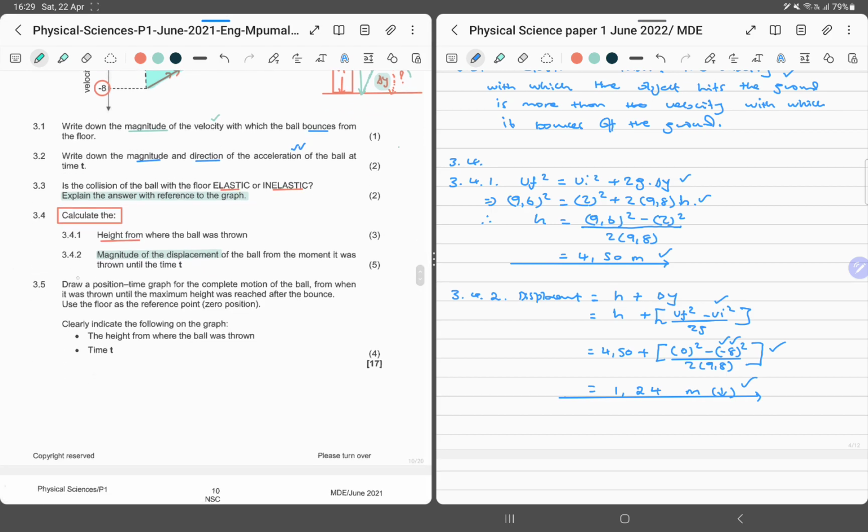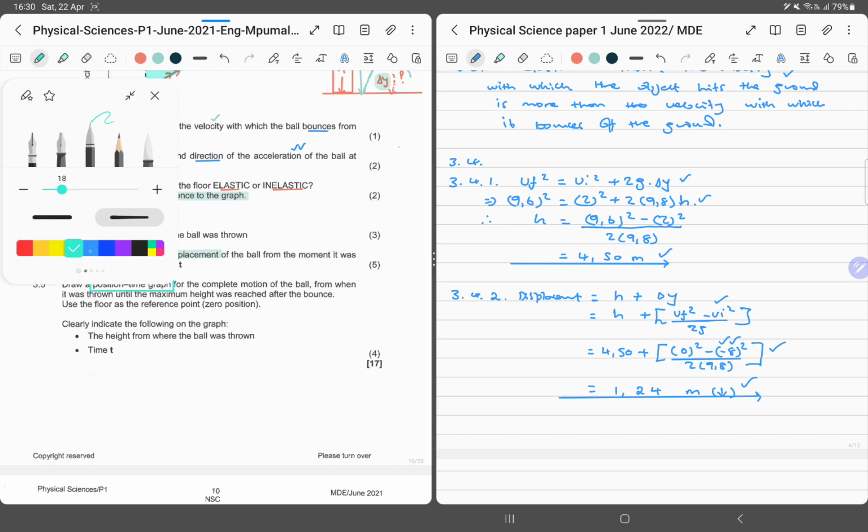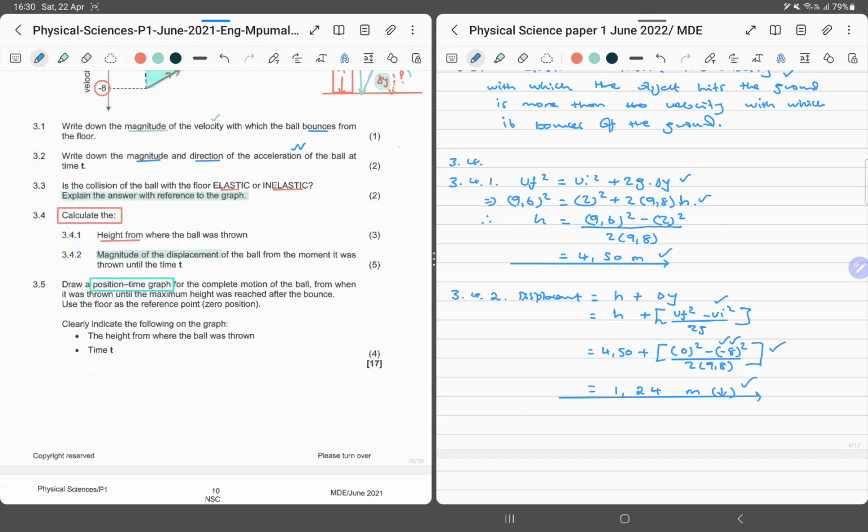Next question says, draw a position time graph for the complete motion of the ball from when it was thrown until maximum height was reached after the bounce.